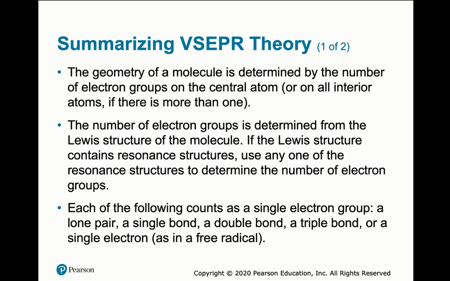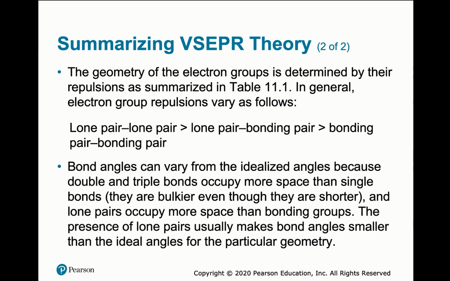So summarizing it, the number of electron groups on the central atom determines the electronic geometry. And then looking at the repulsions of the different groups in those electron geometries determines the shapes of the molecules, which we mentioned before.